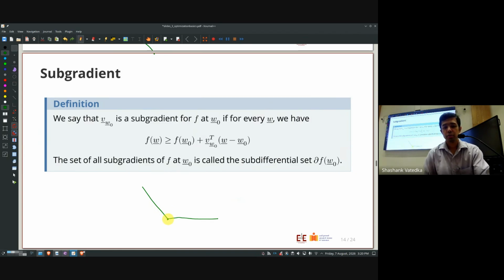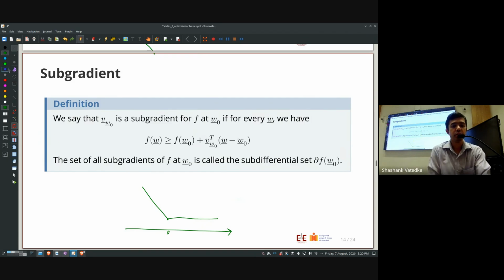Now, let's assume that this is point 0. So if we look at any w that is greater than 0, the derivative is well defined and it's equal to 0. And for w less than 0, maybe the derivative is minus 1. At this point 0, I can't really define a derivative.